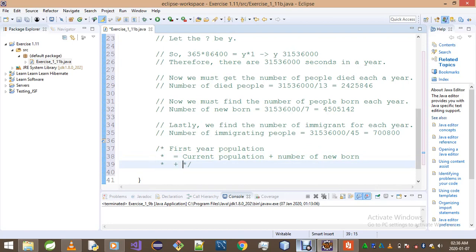It's gonna be current population plus the number of newborns plus the number of immigrating people minus the number of died people.